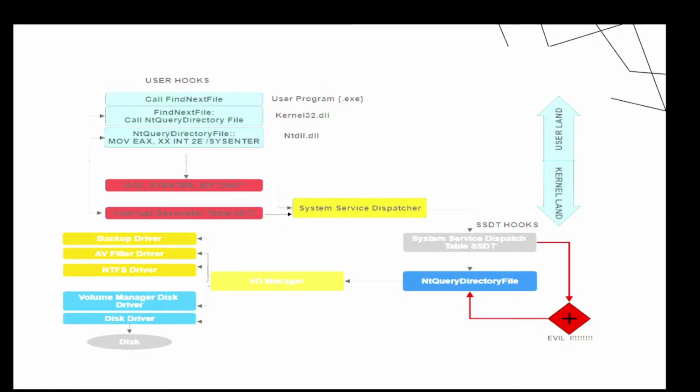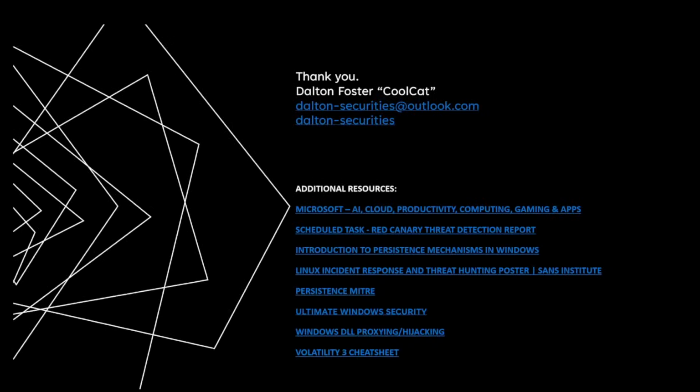That goes into the system dispatcher, which goes into the SSDT, which is actually where your evil exe or rootkit may be persisted, which essentially will act as a man in the middle, so anything that goes in or out from the I/O manager and from disk and drivers can be manipulated, stopped, controlled, and so forth. And then I think that was pretty much it. I know I blew through that pretty quick, but if you guys have any other questions I can elaborate on, please feel free.